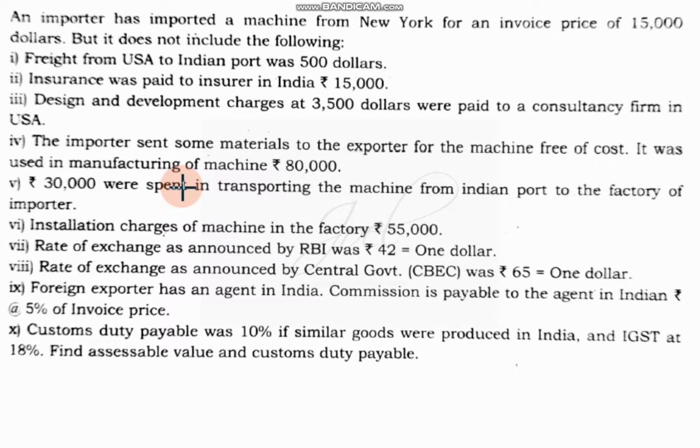Factory to port won't come, port to Indian factory won't come, installation won't come. So 5 items will be added. Then this commission also we are supposed to consider. While calculating customs duty on assessable value, we consider 10% BCD plus IGST at 18%.